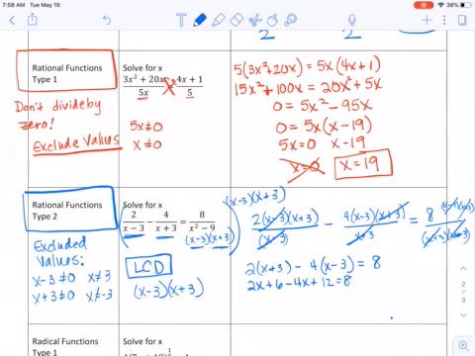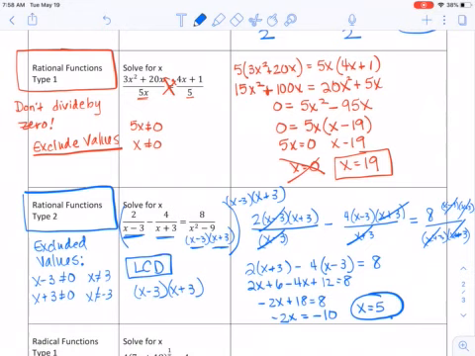No squared, so just get the variables on the same side, the numbers on the other side. So negative 2x plus 18 equals 8. Solve for x. Negative 2x is going to equal negative 10, and x will be 5. x is allowed to be 5, so voila, I am done.